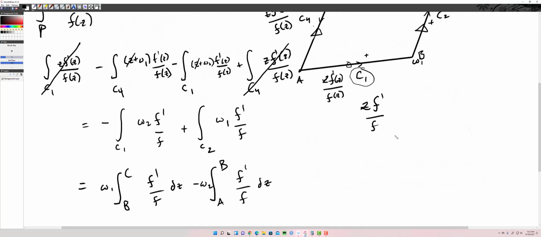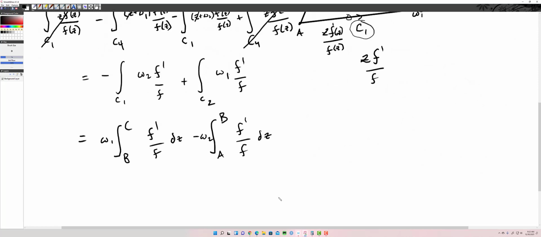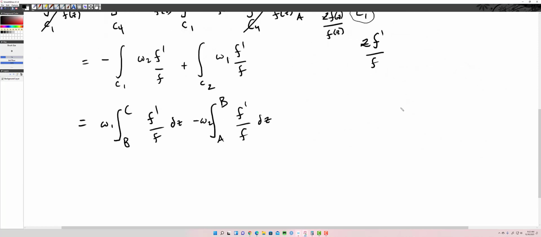Okay? So we have something that looks like a period. The only thing we need to know is that these integrals here are integers. And so I'm just going to look at this one, and let's talk about what this is.